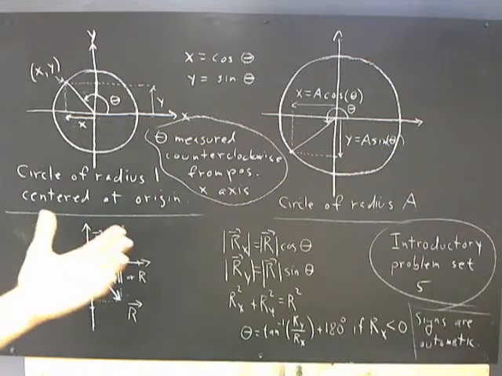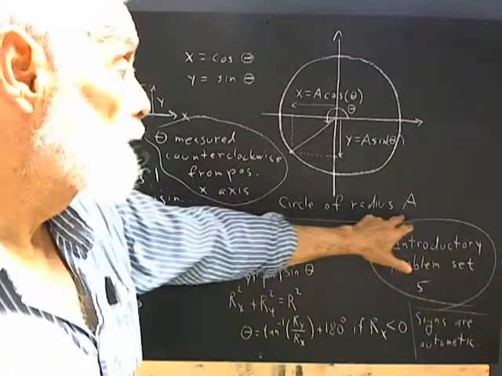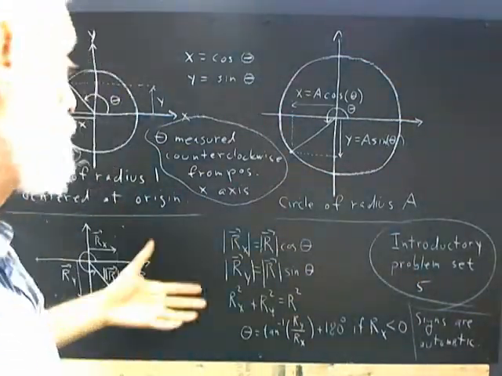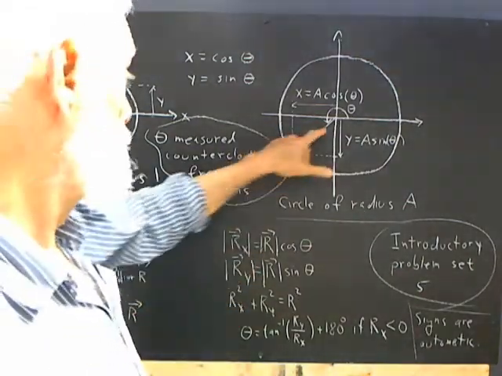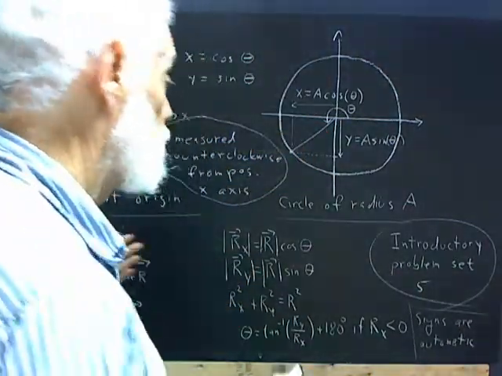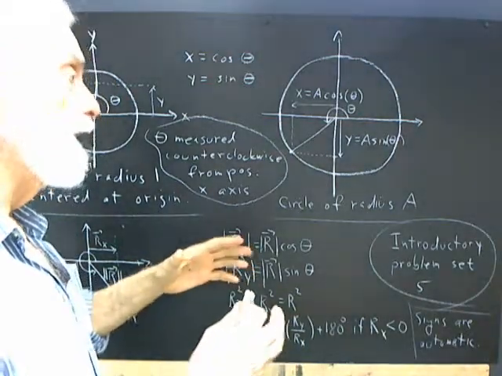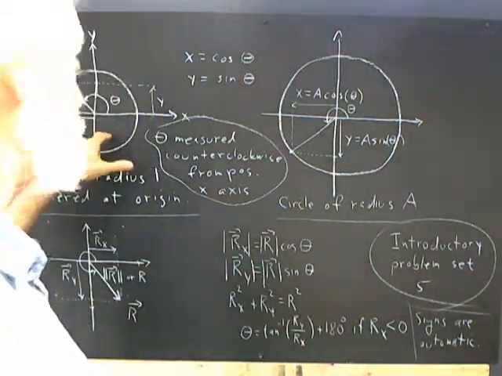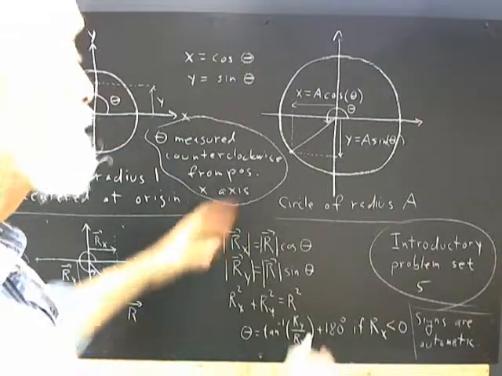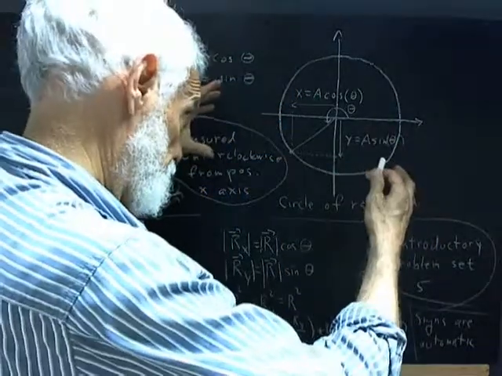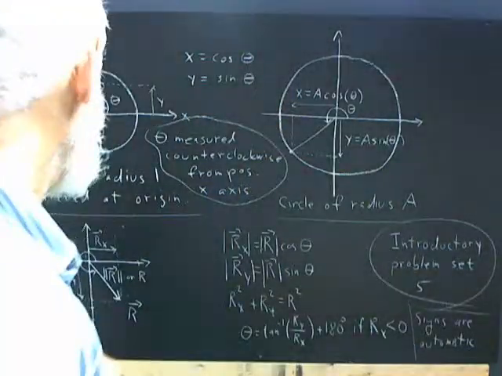Now, if we have a circle of radius a, then what are the x and y coordinates? Well, it's fairly straightforward. If a circle has radius a, then it's a times as big as a circle of radius 1, which means you simply scale the picture up or down.